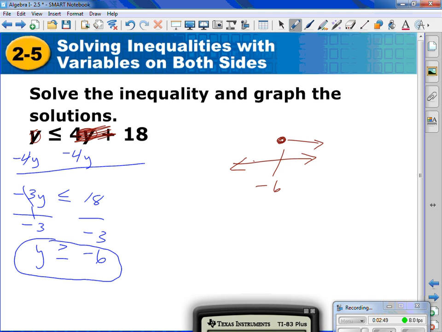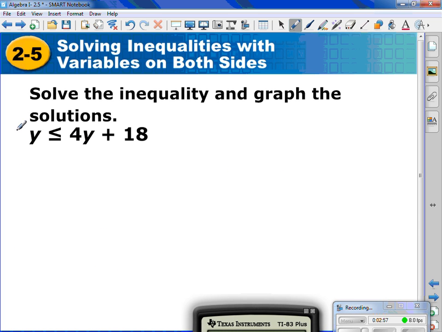Some of you moved it the other way, and I'll show you the other way of doing the problem. Some of you moved the y to the other side. Subtract y. What's y minus y? So I put the 0 there. It doesn't get rid of everything. There's still a 0 as a placeholder.